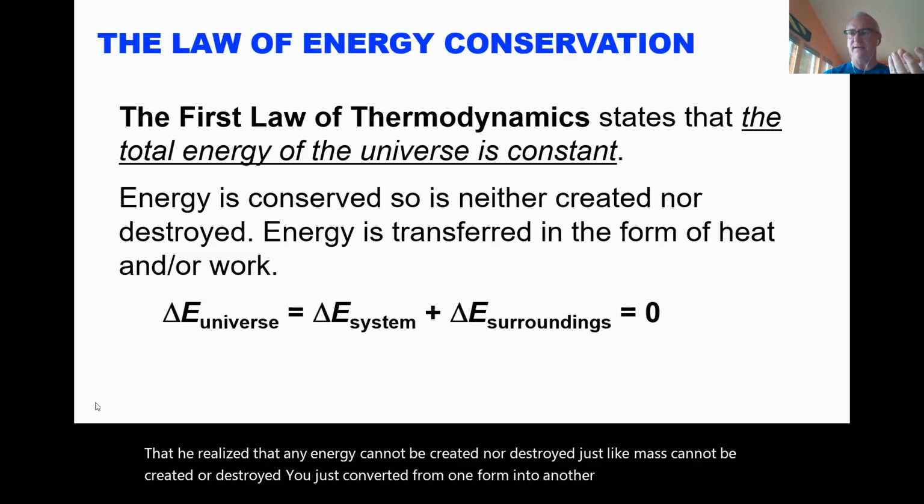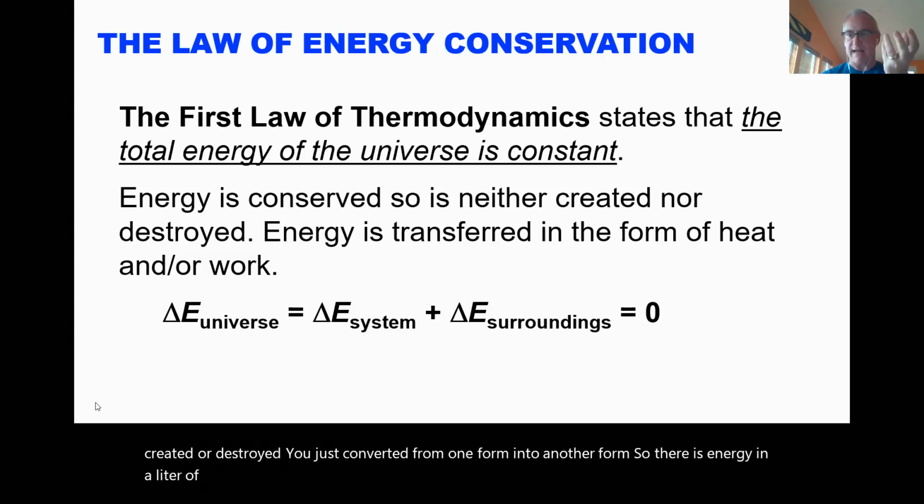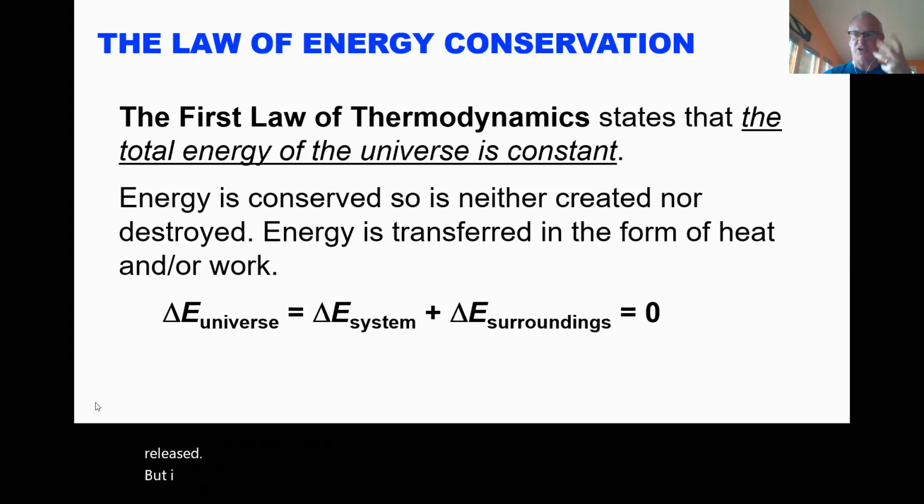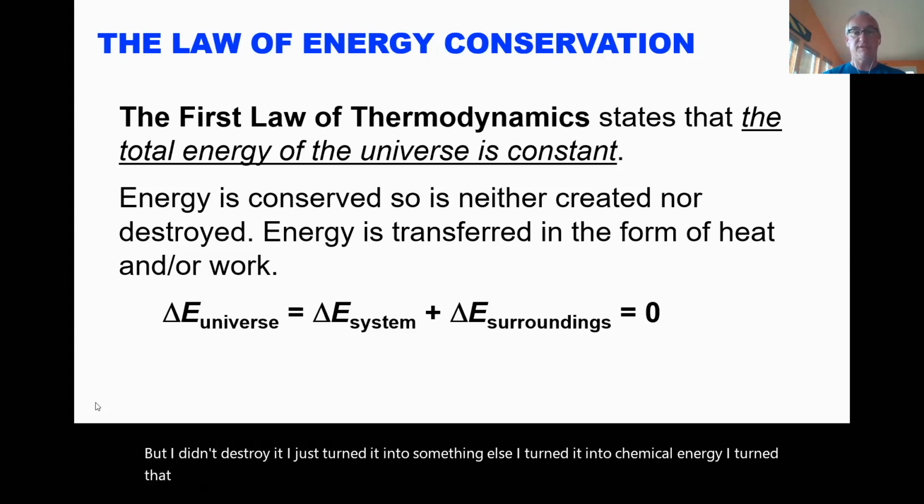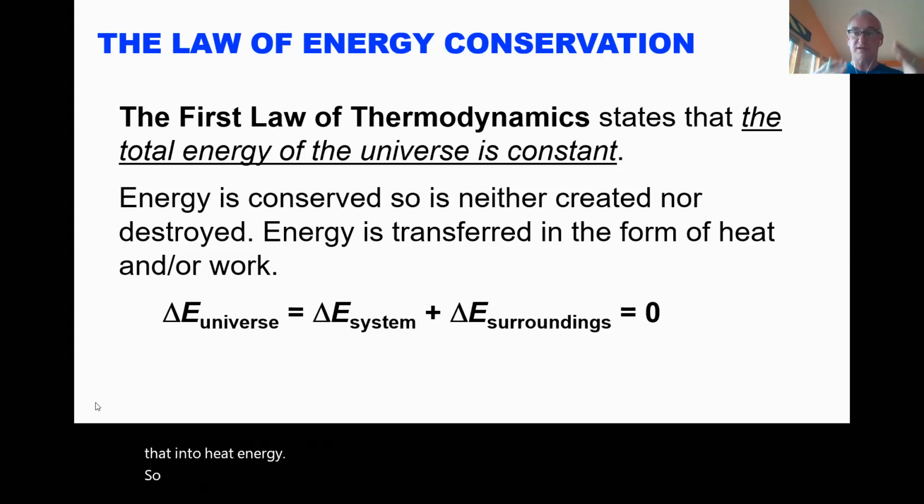So there is energy in a liter of petrol, a liter of octane. When I burn it, that energy is released, but I didn't destroy it. I just turned it into something else. I turned it from chemical energy into heat energy. So nothing was created or destroyed, just converted from one state to another.